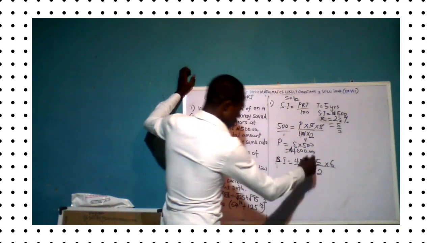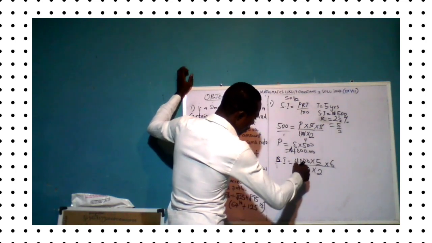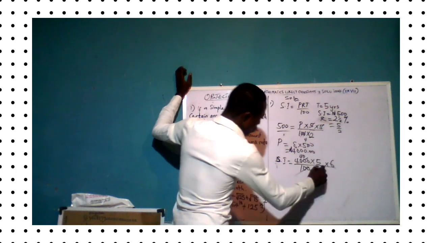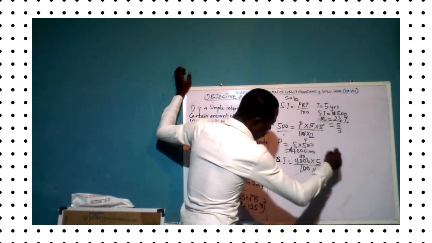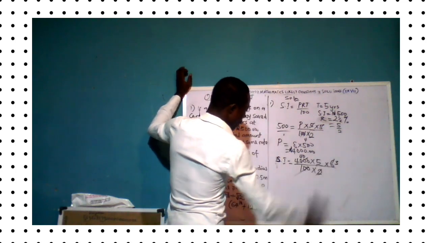So you know that 100 goes in 4,000 40 times, and 2 goes in 6 3 times. If you multiply 3 by 5, you have 15.